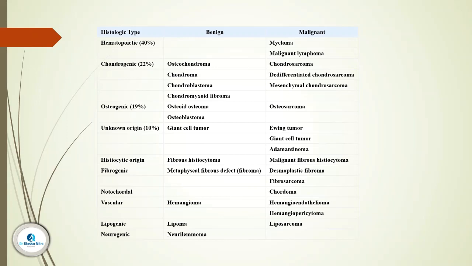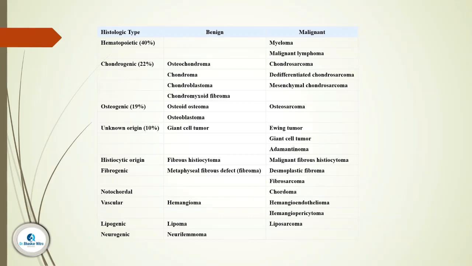So then comes the classification of the bone lesion. This is a long list of different types of bone lesion starting with different things. Here I will first like to highlight what the categories are. If you remember the categories of the bone lesion, then it would be much easier to go into the details. First is the hematopoietic: the lesions affecting the bone arising from the blood, hematological malignancies.